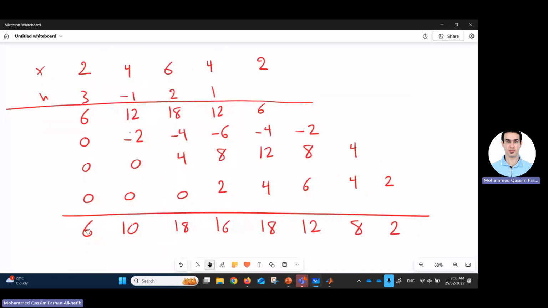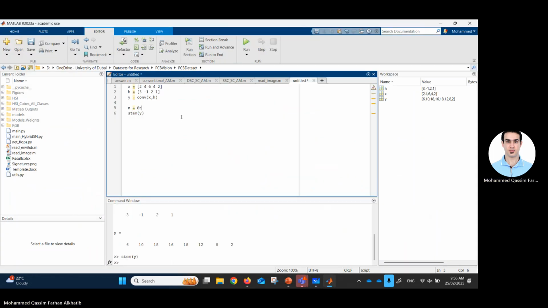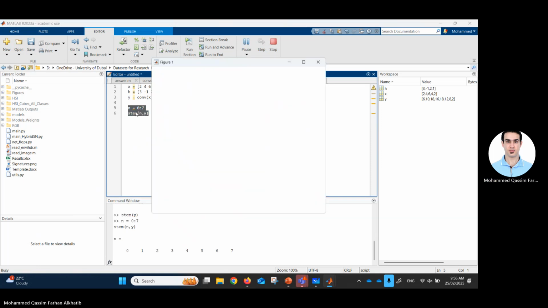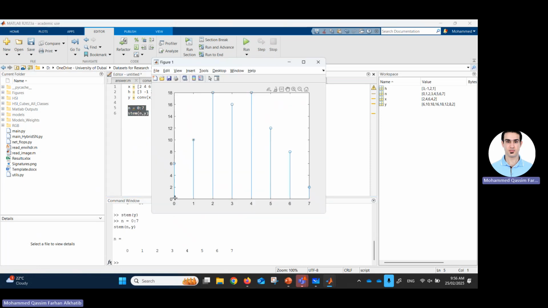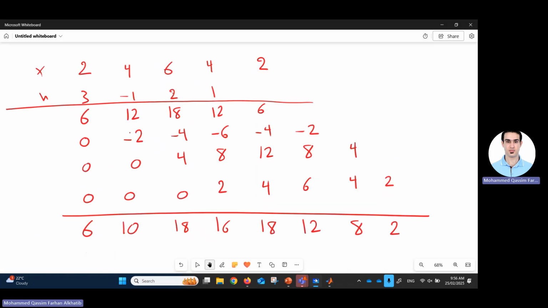In this case, 1, 2, 3, 4, 5, 6, 7, 8, so it's going to be 0 to 7, and then stem n comma y. And there we go. My first sample is at 0 and the value is 6. The last sample is at 7 and the value is 2, as explained here.